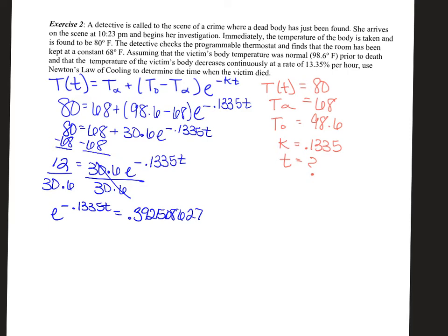I am going to insert a natural log on both sides, and in one big swoop, put that exponent down in front. I'm also okay with you getting rid of the natural log of e right before this step, but I'm not going to do it just for the sake of being consistent.